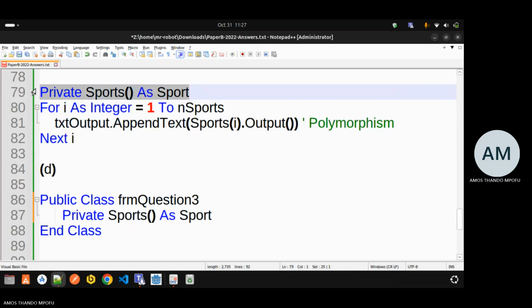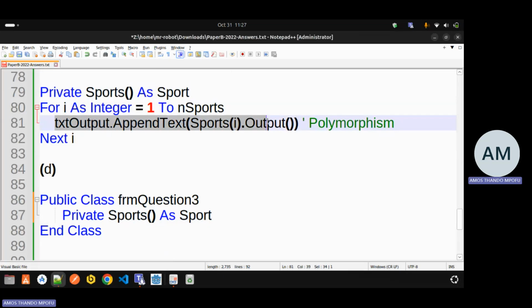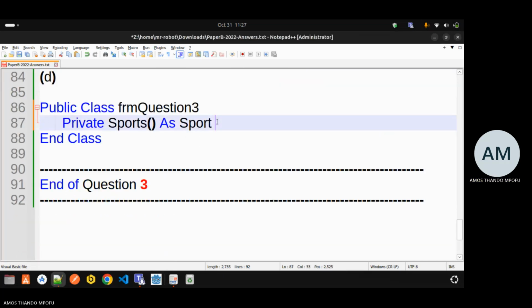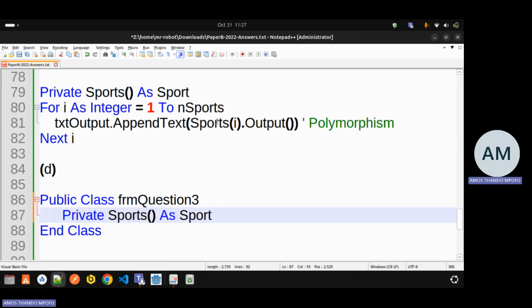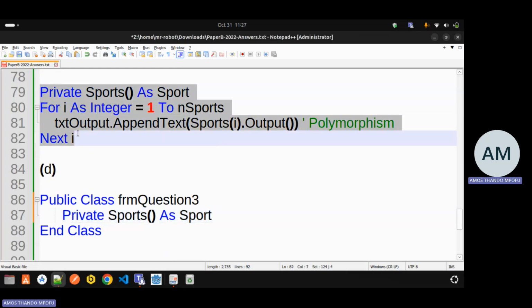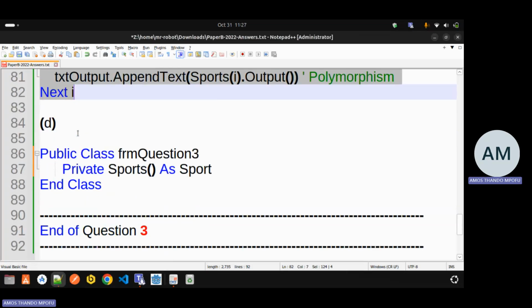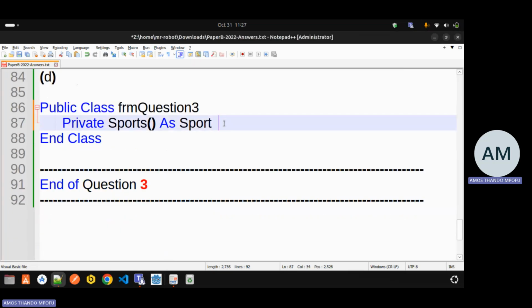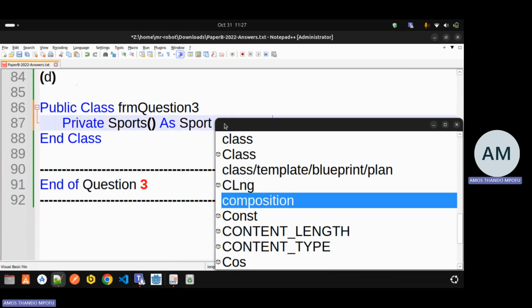That's fine because the code is explaining itself, sports. Or you can even omit the for loop and just put this one line. You can do that. But then they said sufficient code, just enough to demonstrate. So I think this should be fine. This should be enough. And then here, this is where the composition is.